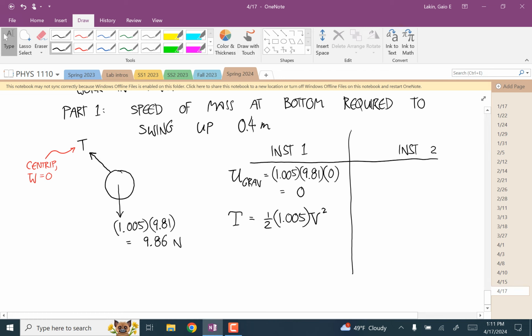At the top of the swing, the gravitational potential energy is 1.005 times 9.81 times 0.4.